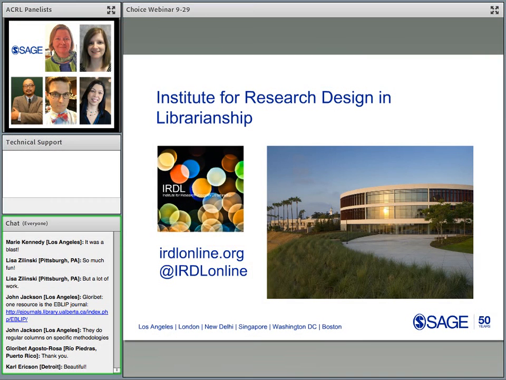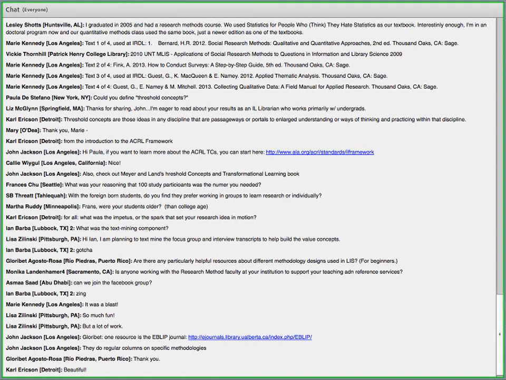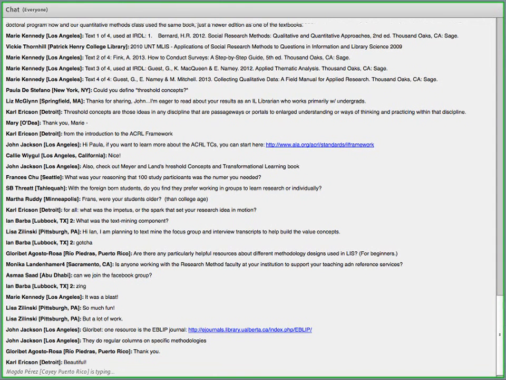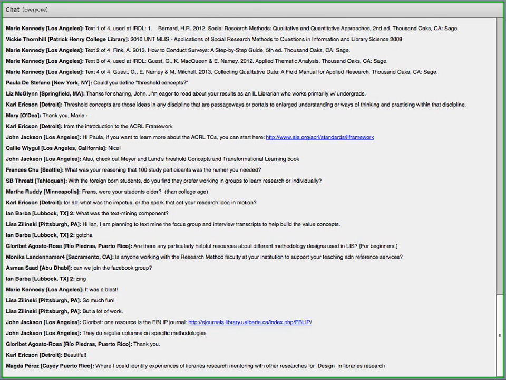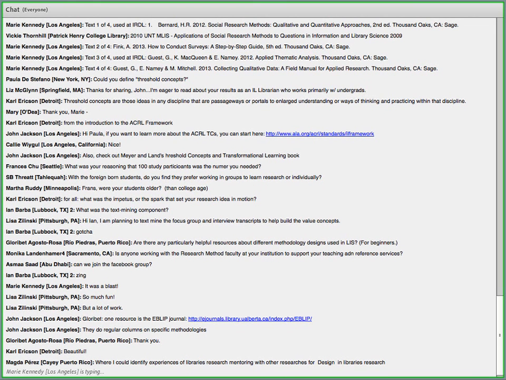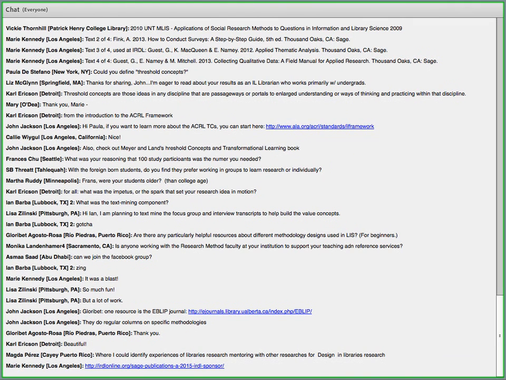Actually, I would reiterate John's suggestion of reading EBLIP, which is Evidence Based Library and Information Practice. That is an open access journal, and it's a really well done journal that's freely accessible all over the world. In addition, I will paste a link to a blog post that has the four texts that we're using in IRDL, just in case you missed them in the chat box earlier.